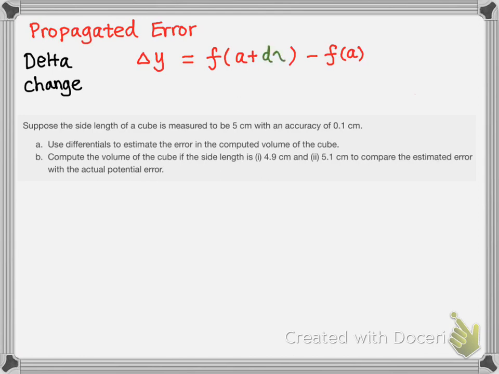Okay, so dx here equals delta of x, and it's just the change in x. Now, sometimes it's not that easy to calculate the propagated error, f evaluated at a plus dx, and then subtract f evaluated at a.